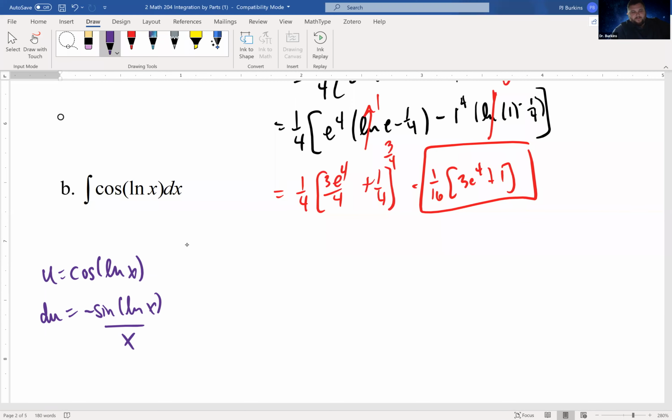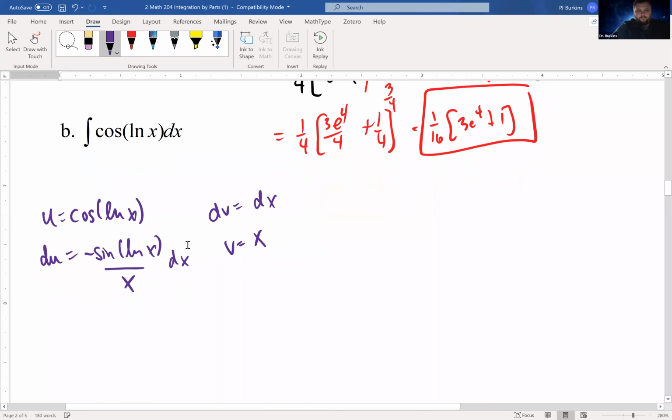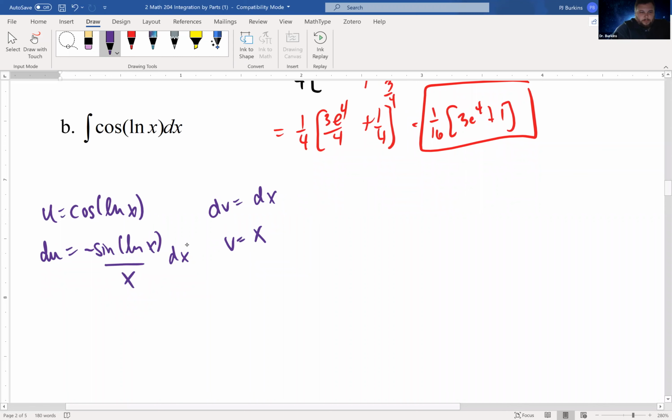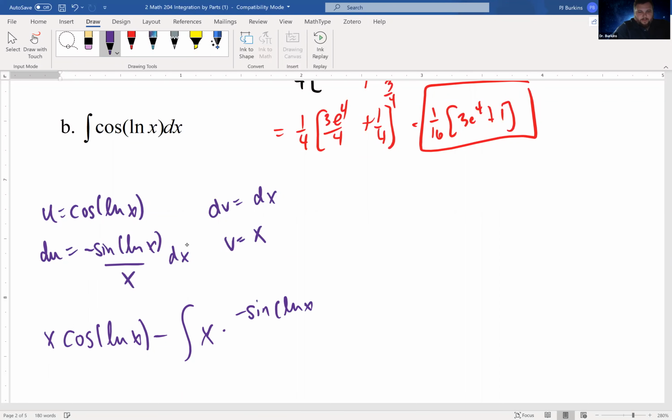Derivative of the inside is 1 over x. dv is just dx in this case. So x cosine log x minus integral x times negative sine log x over x. Cancel those.